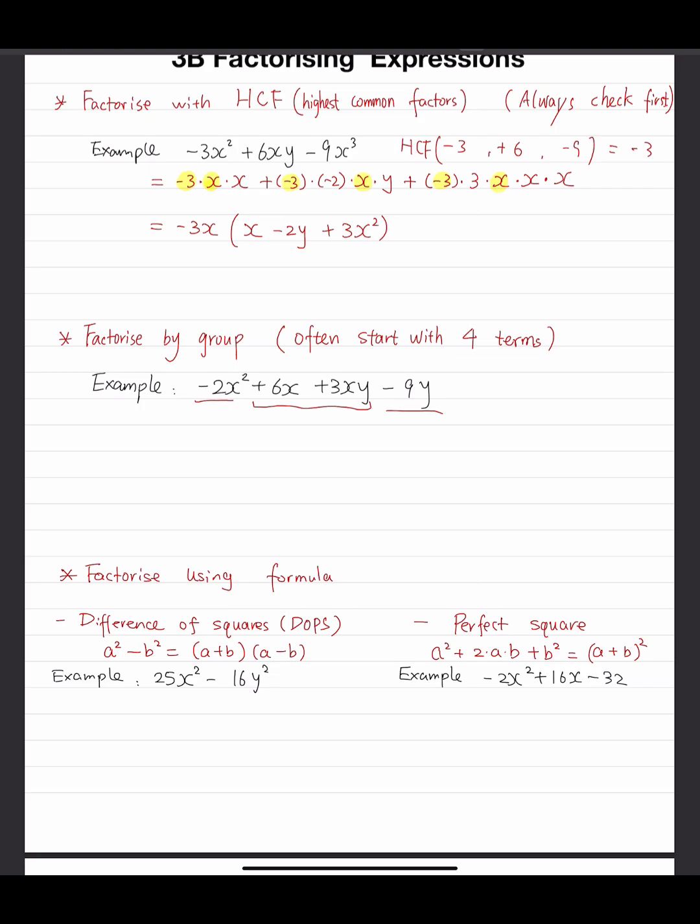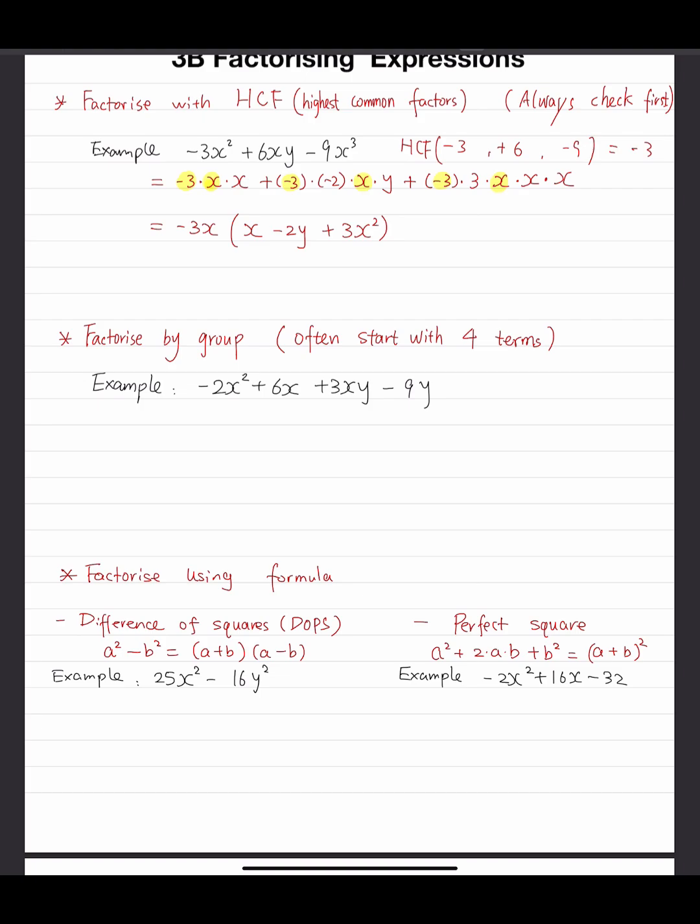In this case, you will not be able to identify any common factors between the negative 2x squared and the negative 9y. In this case, we cannot carry on. Therefore, it is important to check that the groups we split will always have common factors in each group.